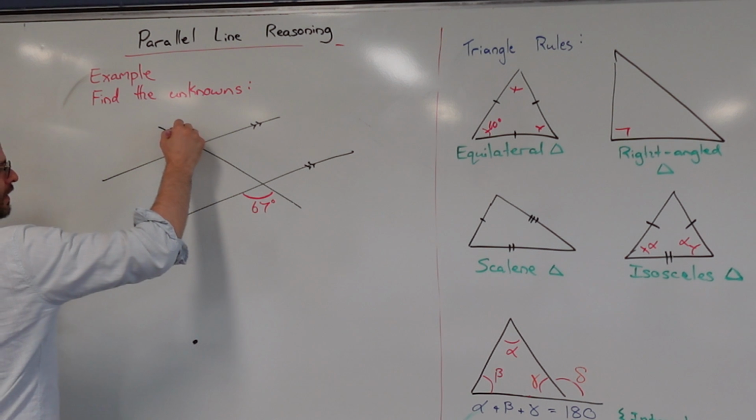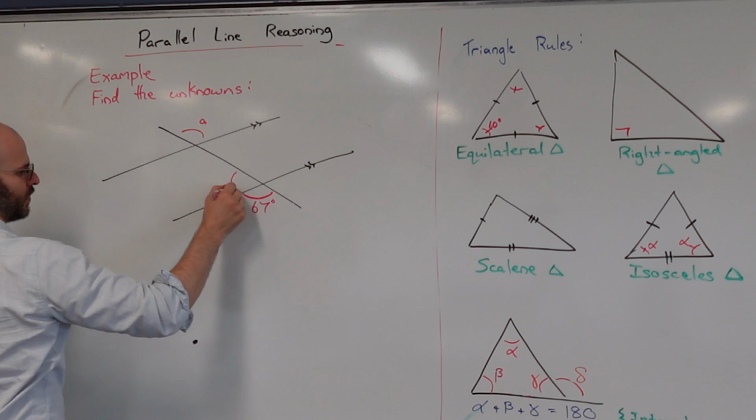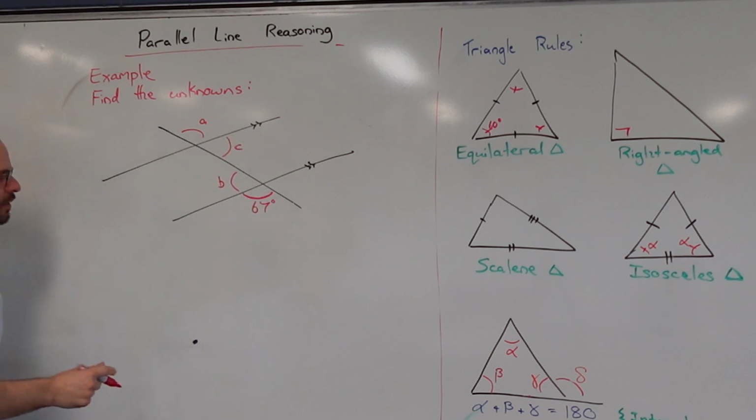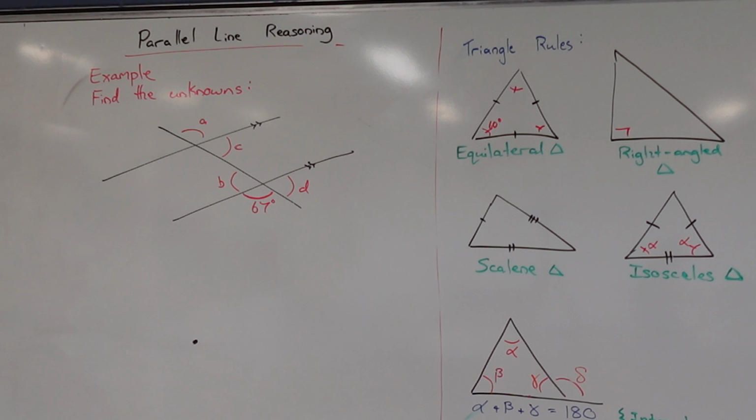And then this over here, this was A, this was B, this was C. Now, using our parallel line reasoning or otherwise, find all of the unknowns.